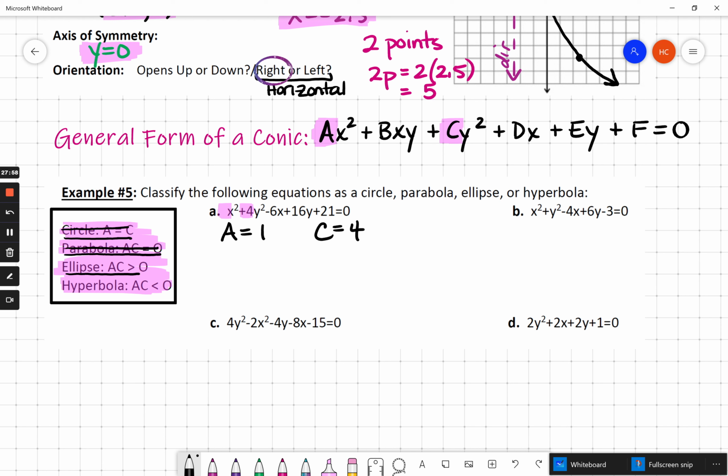If I multiply A times C, is it going to be greater than 0? Well, 1 times 4 is 4. 4 is greater than 0. So I can say since A times C equals 4 and it's greater than 0, therefore it's going to be an ellipse. Those 3 dots mean therefore.